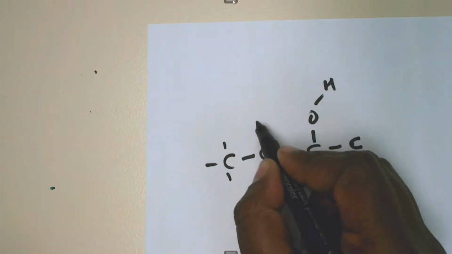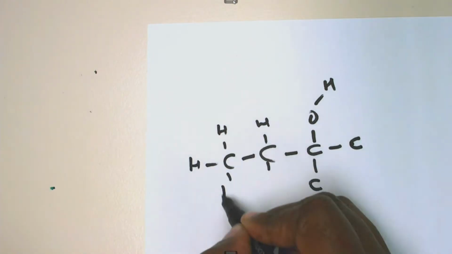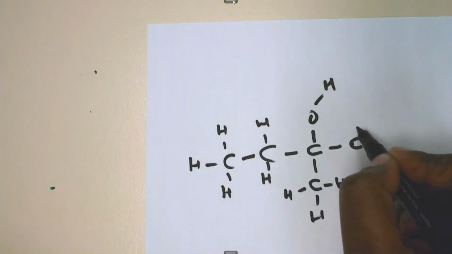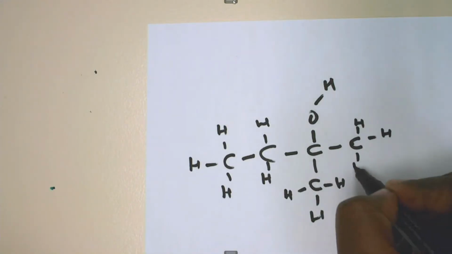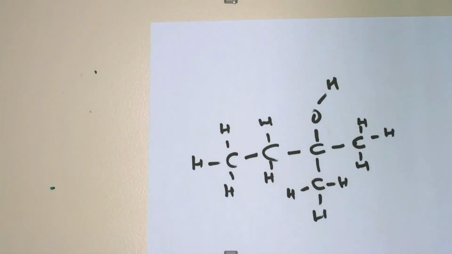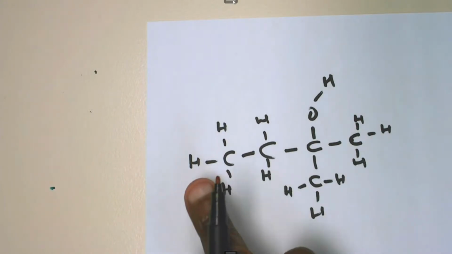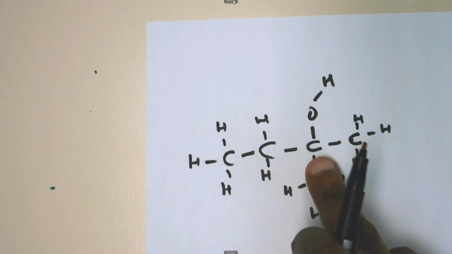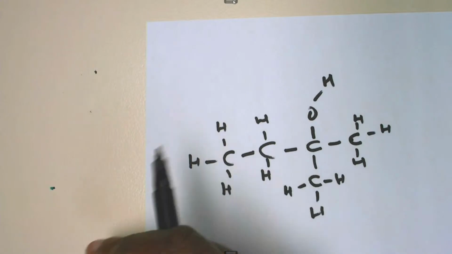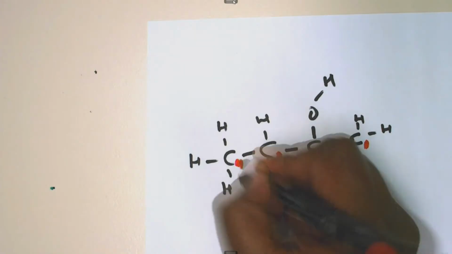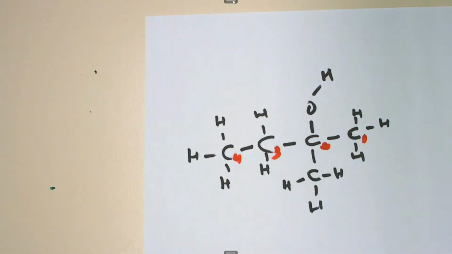Therefore, in this case now, we remember that we start counting the carbons from the side that is closest to the functional group. So the functional group is closest from the left, because when you start counting from the left to right, it will be on carbon 3. But when you start counting from right to left, it will be on carbon 2. Therefore, the closest is when we count from right to left.